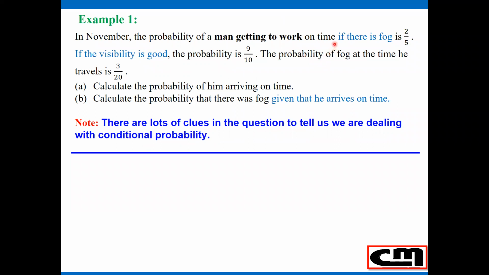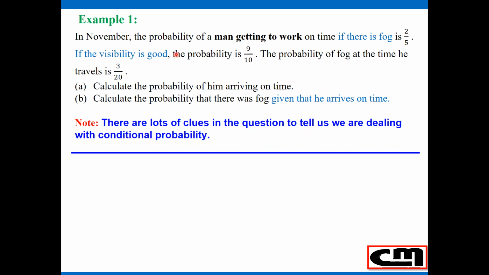So the first phrase is if there is fog, if the visibility is good, given that he arrives on time. All these short phrases can give you a clue to say the problem we have here is a conditional probability one because of the 3 that I've highlighted.